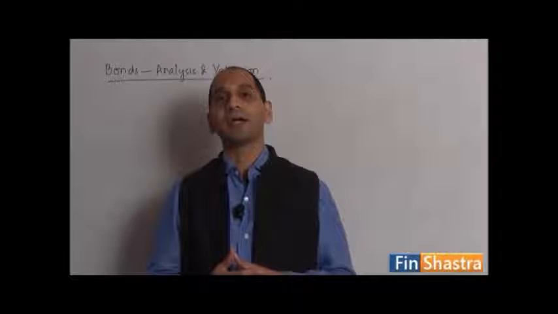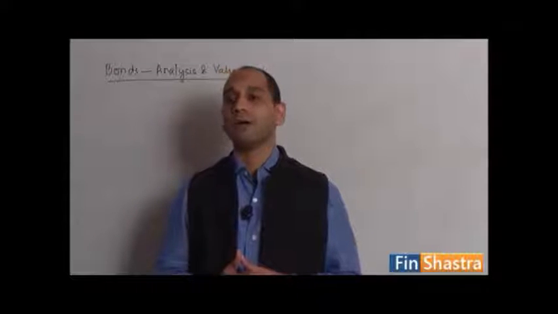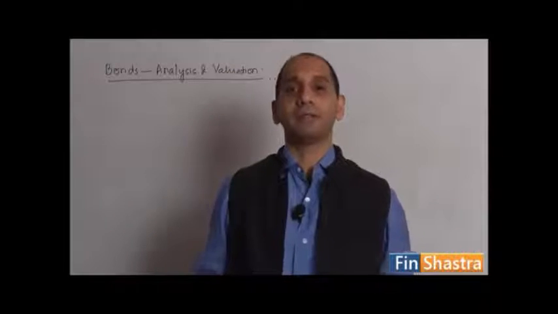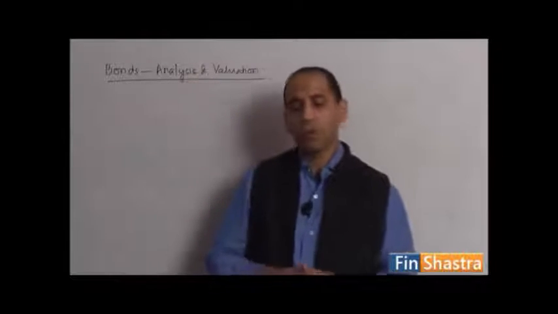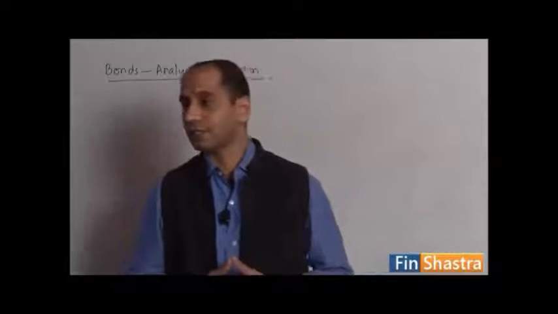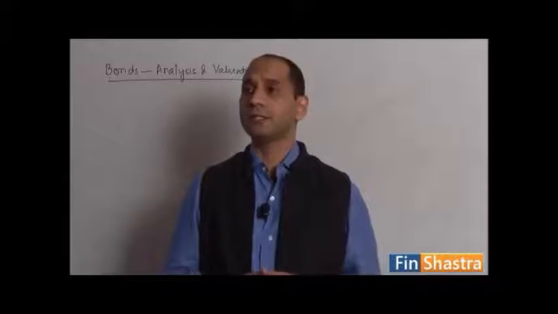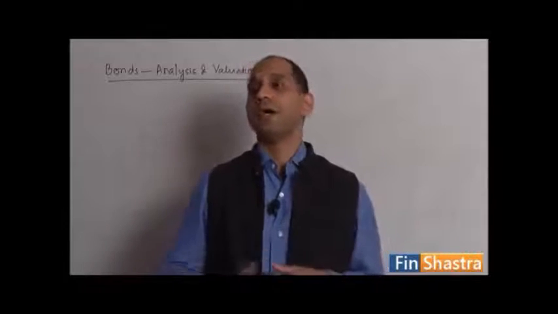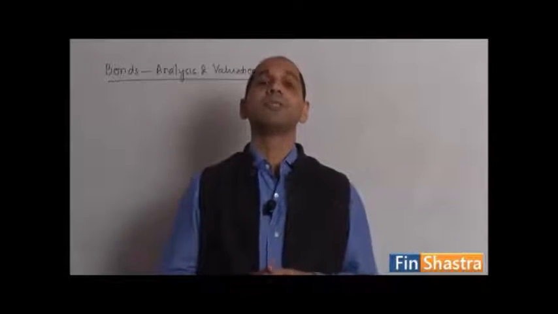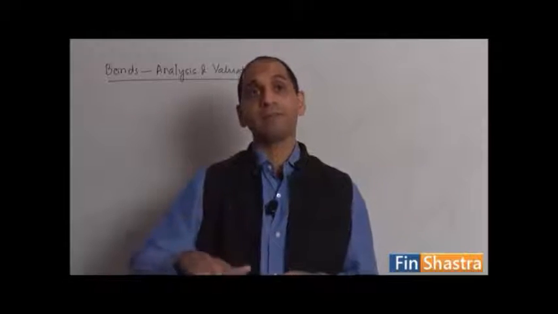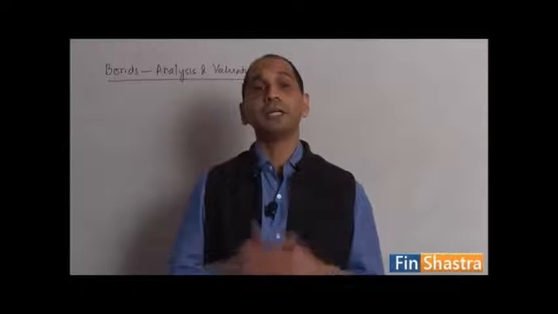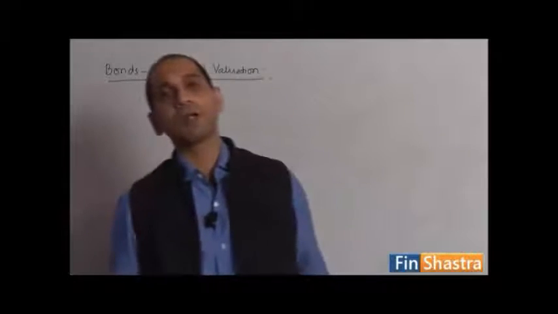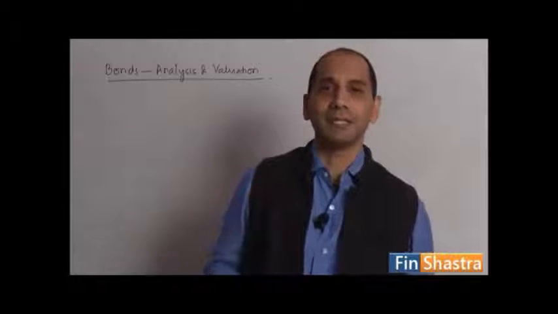But unlike a bank loan, there you have multiple investors, multiple lenders. So a bond is a debt instrument. That's an easy way to understand it. When I issue a bond and I raise money, I'm essentially borrowing money. So a bond investor is a lender, and the issuer of the bond is the borrower. So simply put, a bond instrument is a debt instrument.